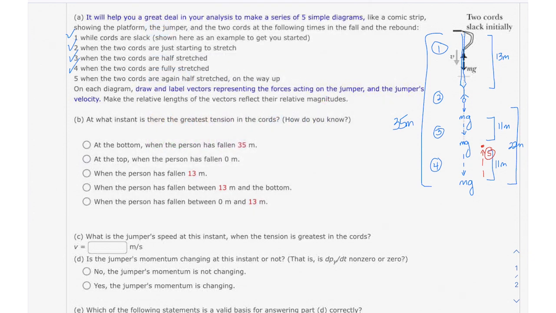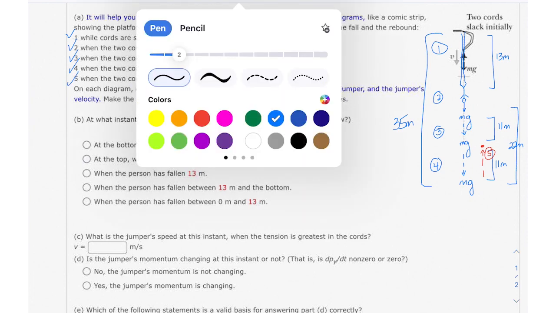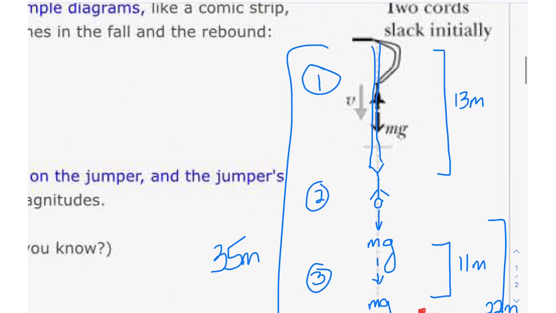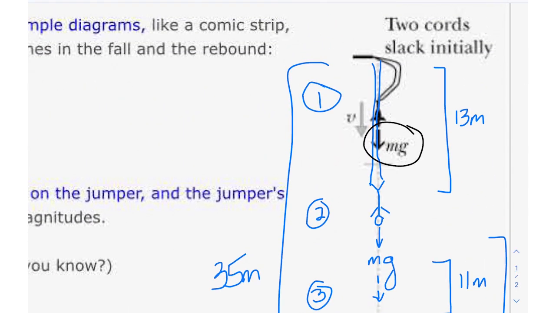Before we worry about any calculations, let's see if we can figure out what forces might be acting at other points. As we're falling when the cords are slack, originally we just have mg pulling down. We don't have any forces pulling up from the bungee cords, from the springs.